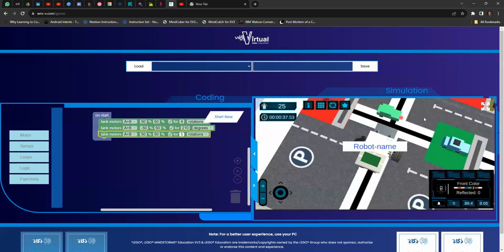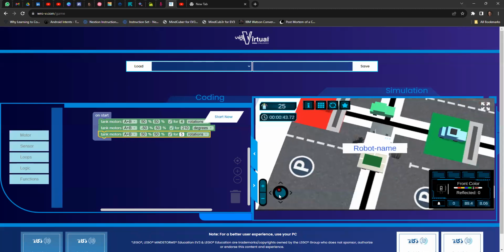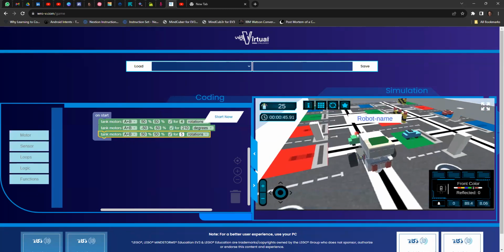It's not clear for me because if the robot turns right now and goes towards this red square, it will not take the car, right? Yeah. So let me take it 4.5 rotations.